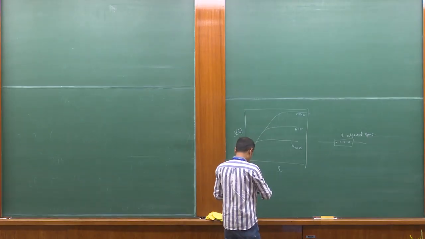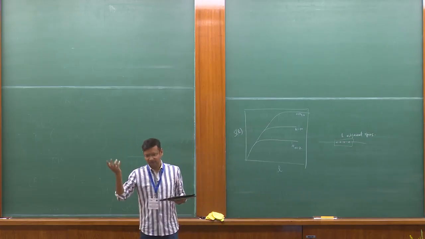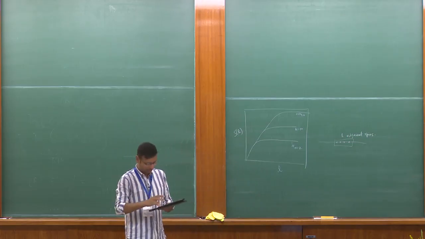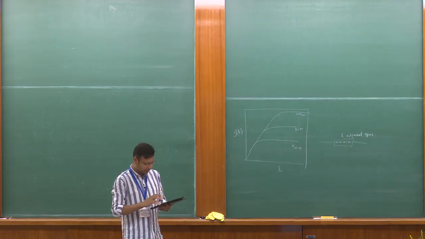So here also you have to do these things numerically. The only difference is you can easily access 10 raised to the power 5 lattice sites or even more, okay? Good.